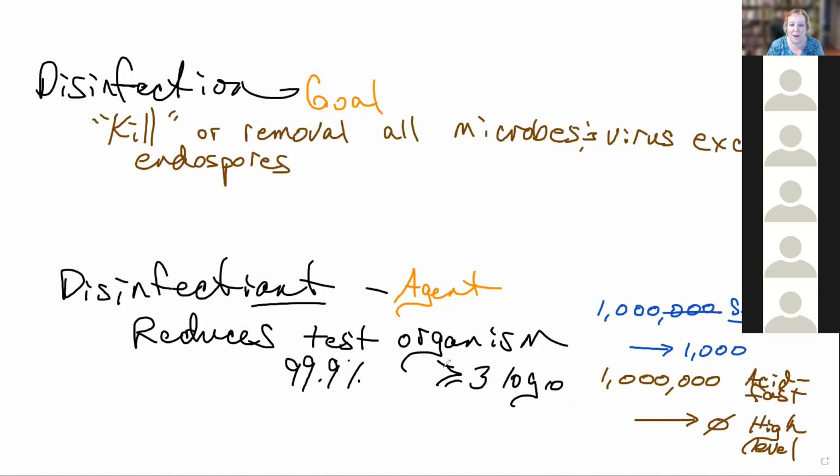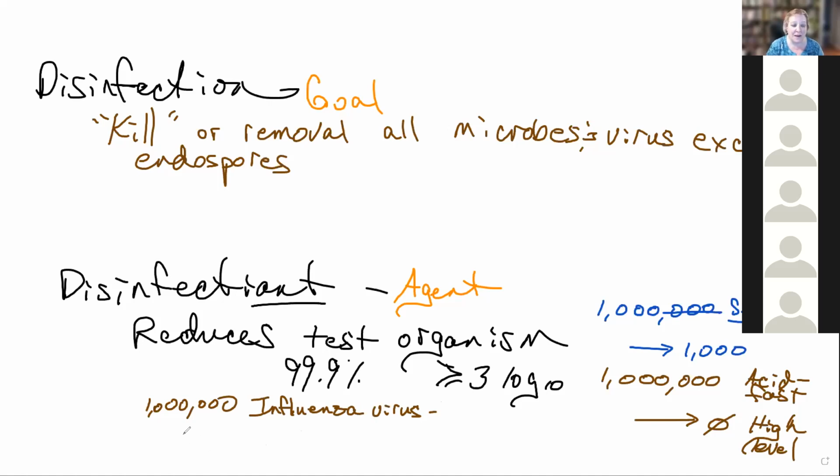Okay, now let's say that I barely made the grade. Okay, I put in 1 million. I have a relatively easy to kill microbe. Let's say influenza virus. And now I say influenza virus because it's enveloped, so it's easy to kill.